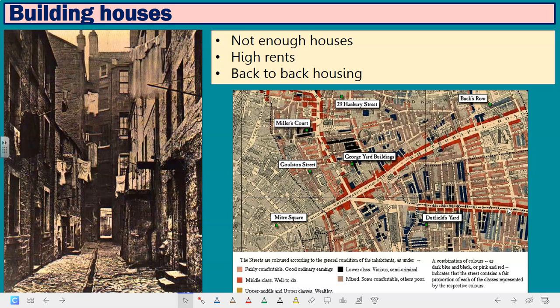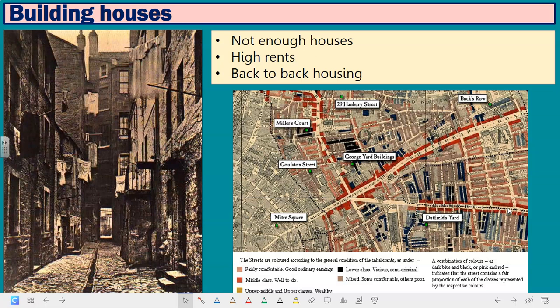Now, what's important to think about is why would people move there anyway? So there were lots of job opportunities in industrial cities, and so many people moved there that there were actually not enough houses, so they had to build new houses. Now, builders and landlords and developers could pretty much do whatever they wanted.